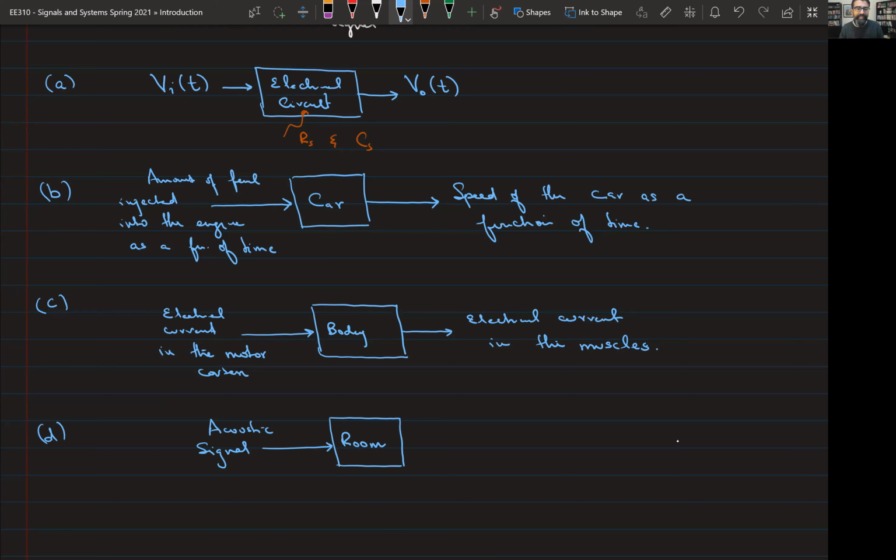So if you speak at one end of the room, right, what you would hear at the other end, I mean, what would you hear? Would that be exactly what the other person spoke? Or what things will be added to it? There will be noise attributed into it.